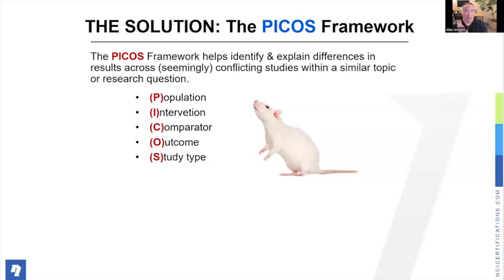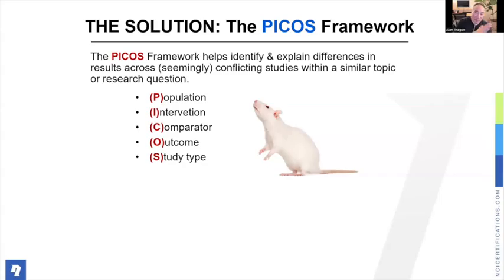So yeah, study type. And if you'll recall back to my long lesson on the different research types, randomized controlled trials versus observational studies. So experimental research versus observational research.